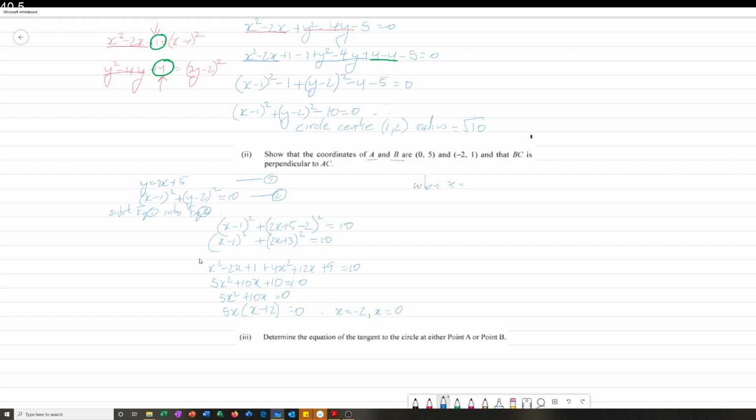So when x is minus 2, we substitute into equation 1. That's the easier one to substitute into. So when x is minus 2, you're going to get y is 2 by minus 2 plus 5. Oh, I didn't need a bracket there.